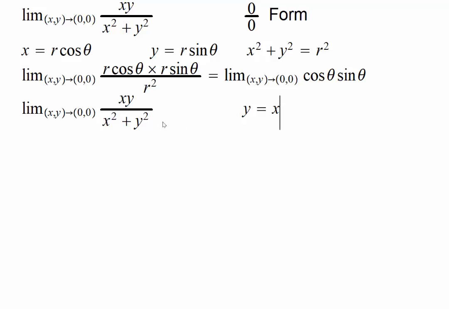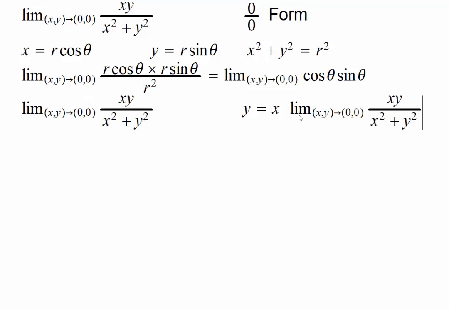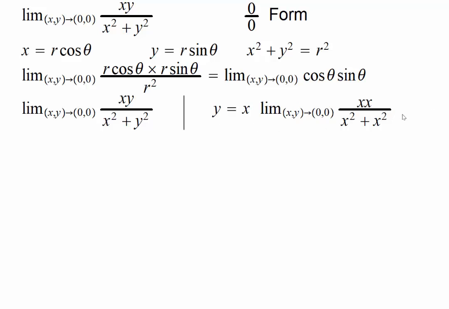Then if y equals x, I have x here, so this becomes x squared over 2x squared, and we can assume x to be not equal to 0 before applying the limit, so that will be 1/2.